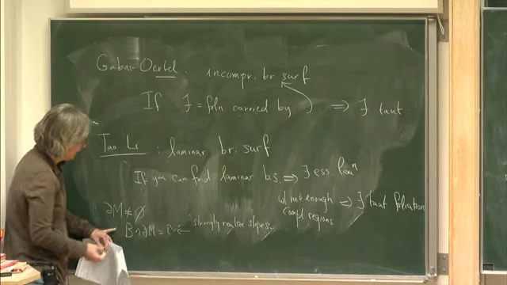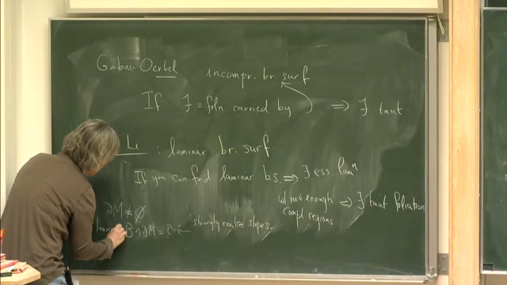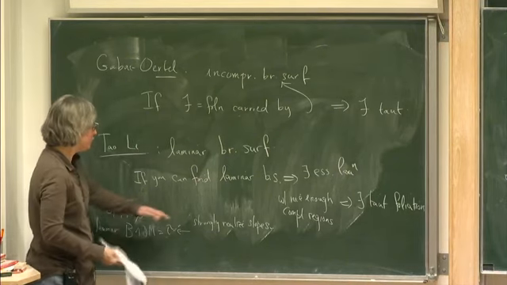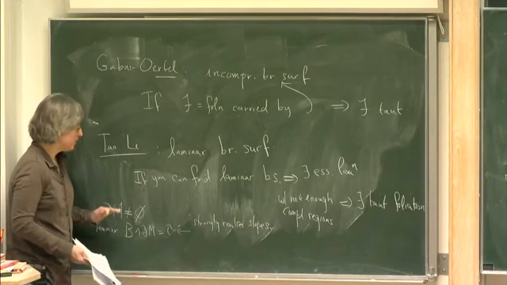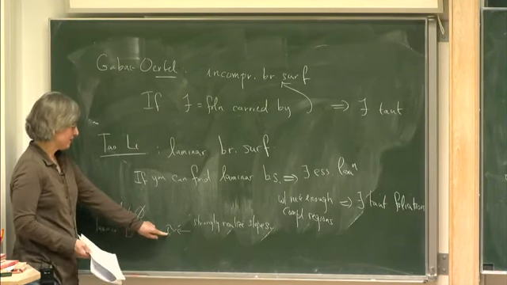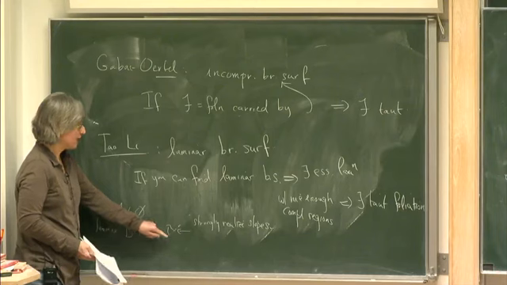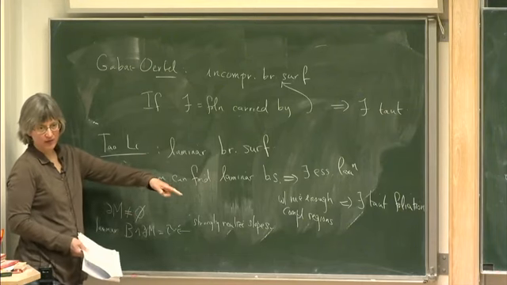And if the branched surface is laminar, Li tells you that if you strongly realize slopes, then you can extend the lamination carried by your train track into a lamination on the three-manifold.